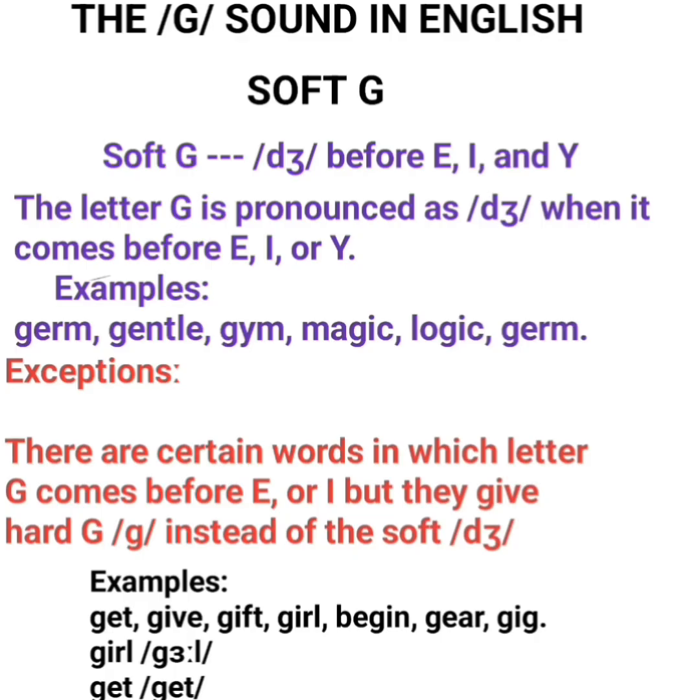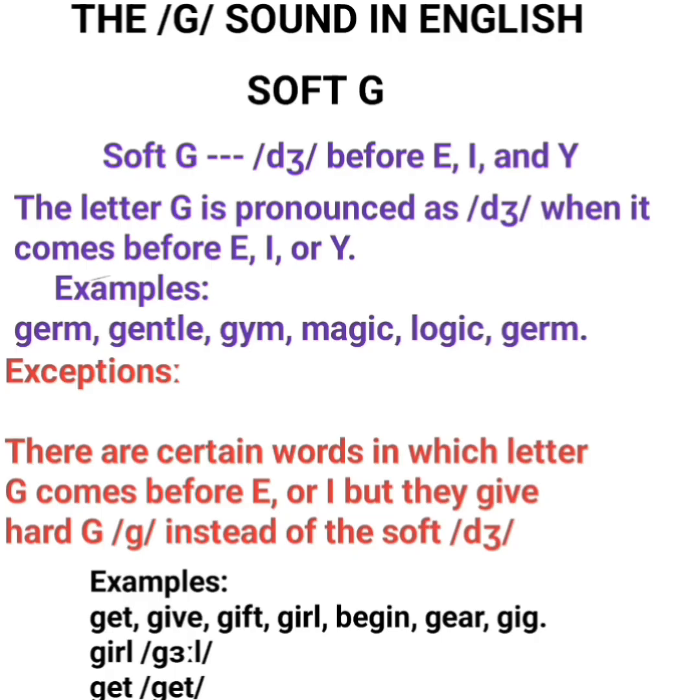In hard G we mentioned A, O, U. It remains E and I, as well as Y. You know, Y can be a consonant letter, it can be a vowel letter. When Y functions as a vowel letter, whenever any of these three letters, I, E, Y, come after the letter G, they give soft G and are pronounced as /j/.